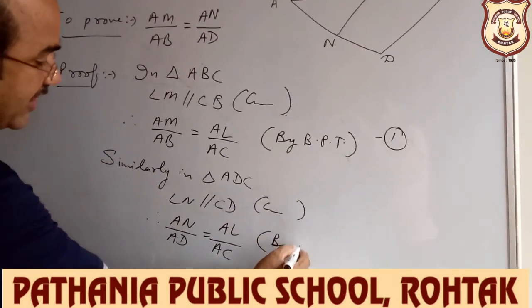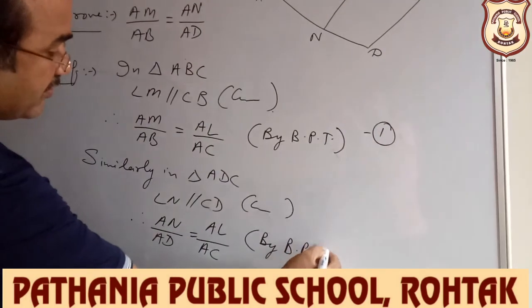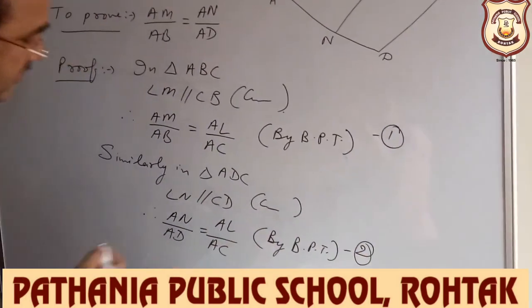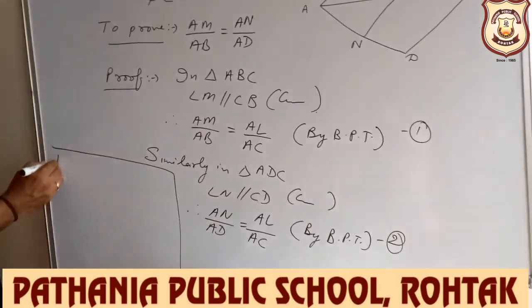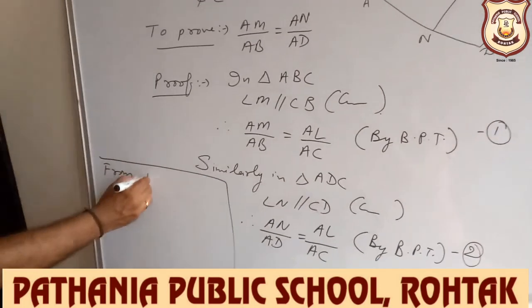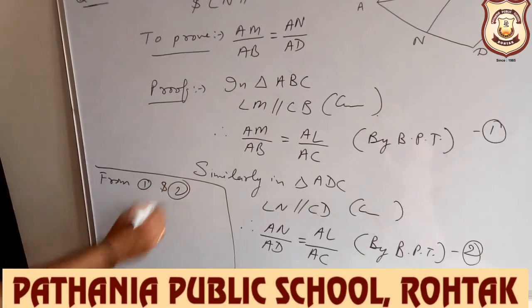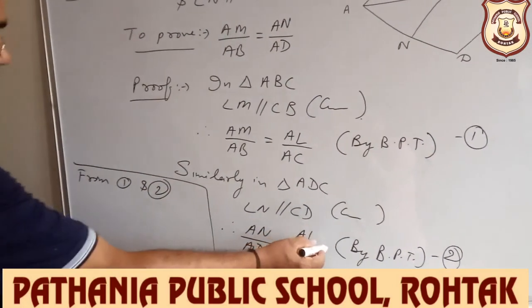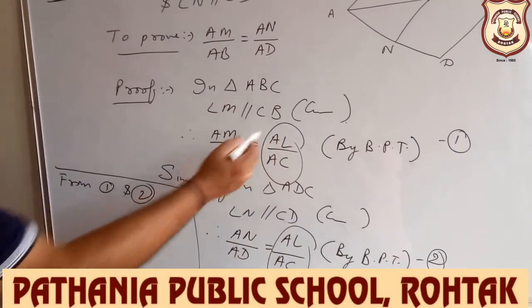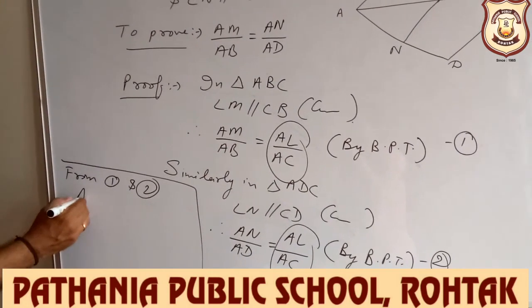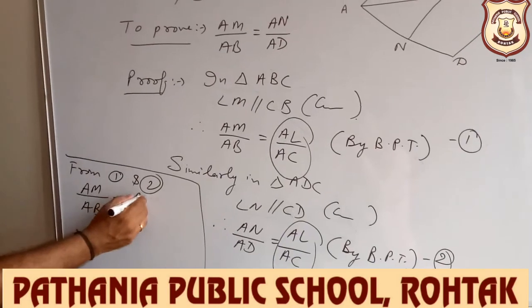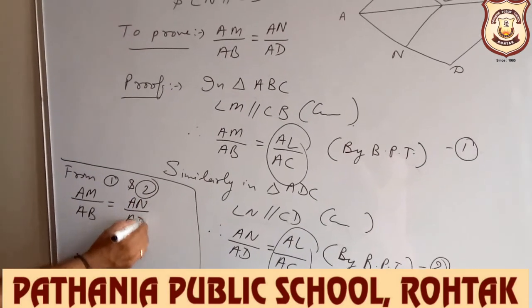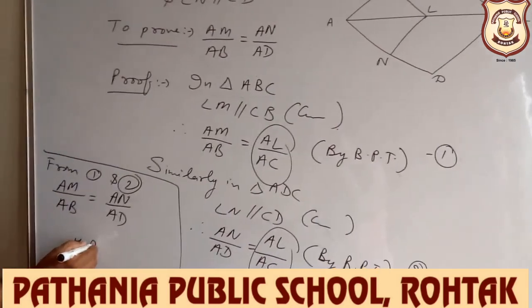Why? By BPT. Mention this one as second. After this, you can write from first and second. See student, the RHS is the same, so the LHS also becomes the same. AM upon AB equals AN upon AD. Hence it is proved.